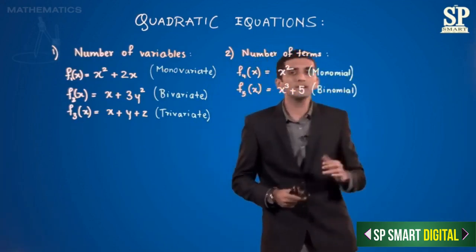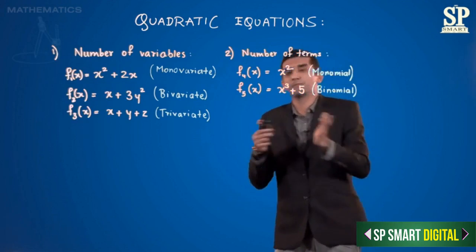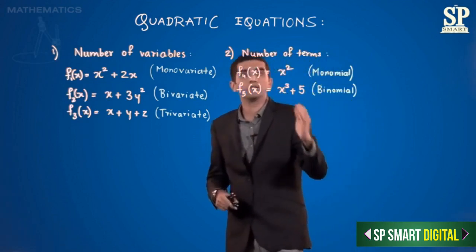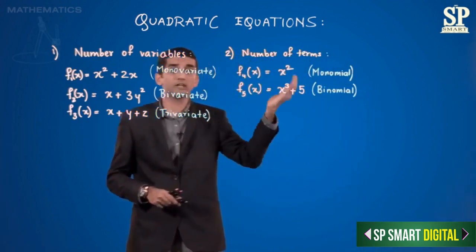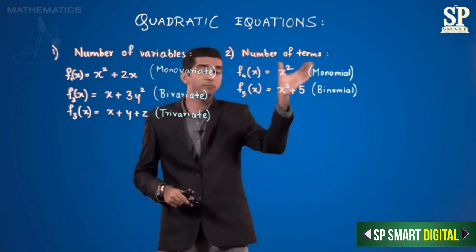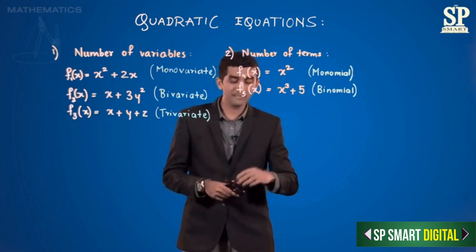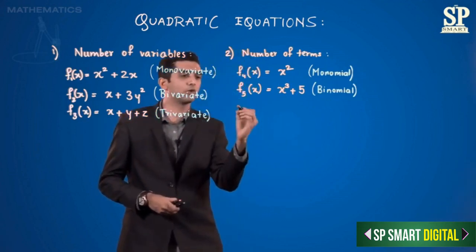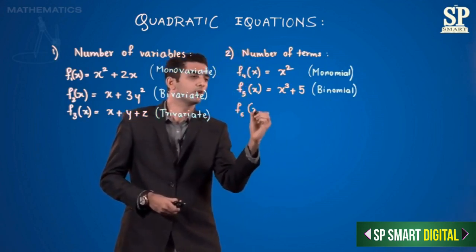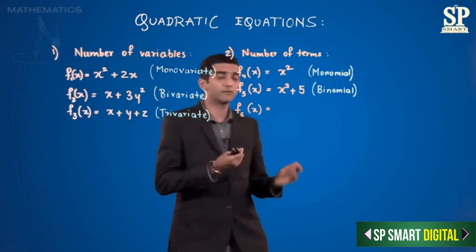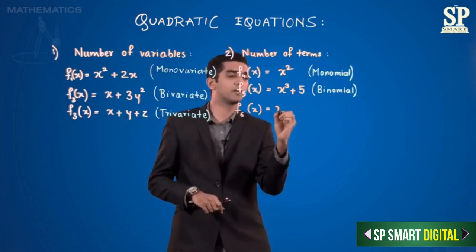So monomial does not get classified as a polynomial as such, but for the sake of classification on the number of terms, one term means monomial, two terms means binomial, three terms means trinomial, and so on. So we learned here another kind of classification which depends on the number of terms.